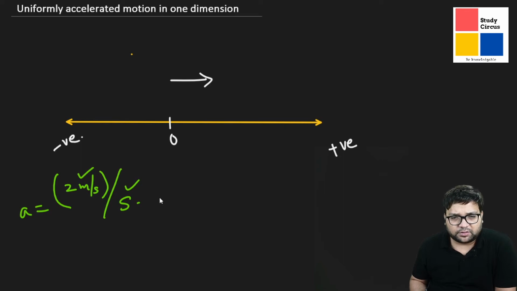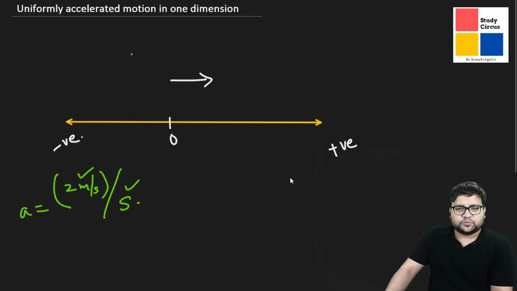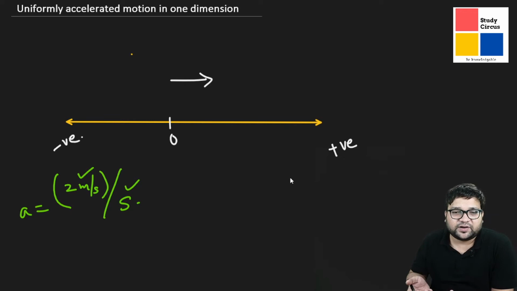Now, how to find out the distance it will travel in any given time? If you have to find that, what to do? First we'll try to find out what is the speed at any given time, because the speed will change.